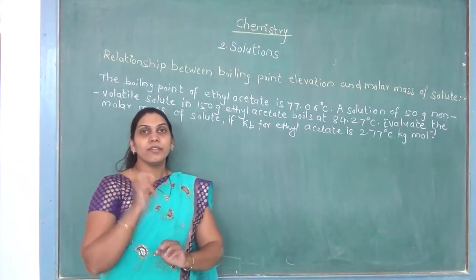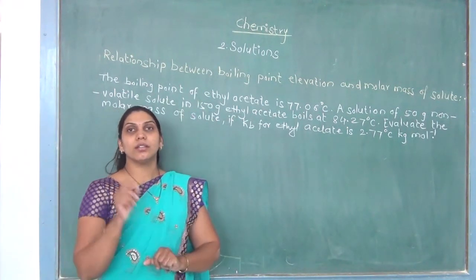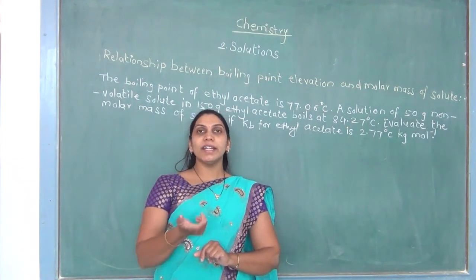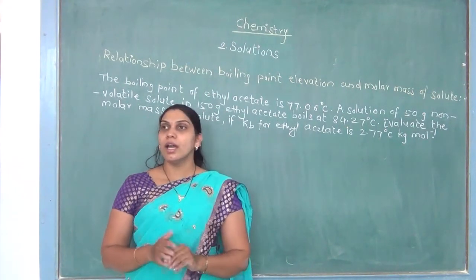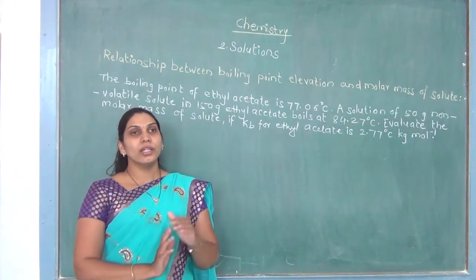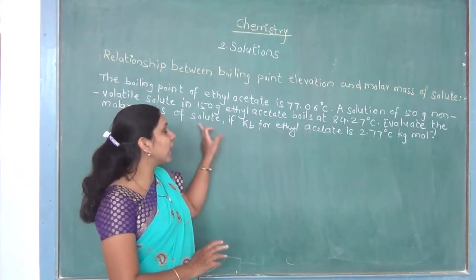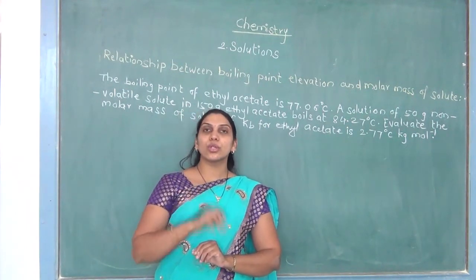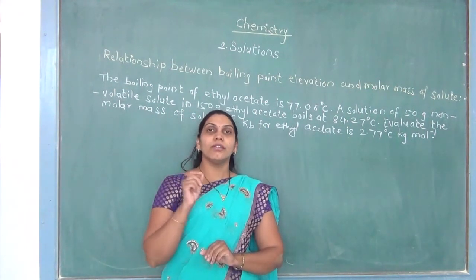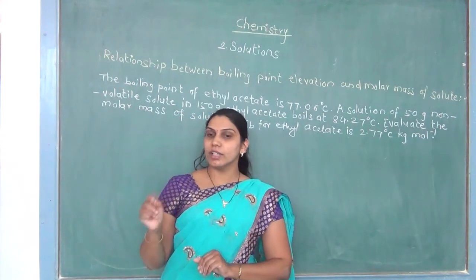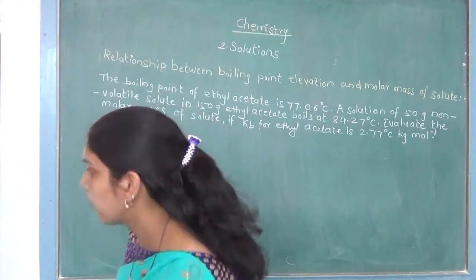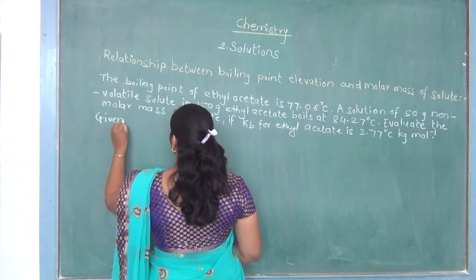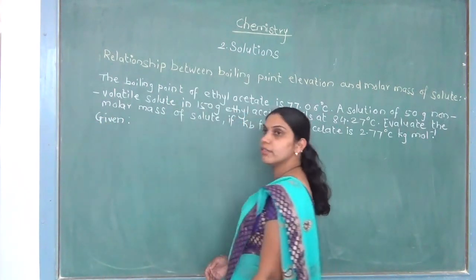See, if you read the given numerical carefully, you will find the different values given, and using those values you can find the molar mass of solute. So, going to the solution of the numerical, first of all we will write the given data. What is given?